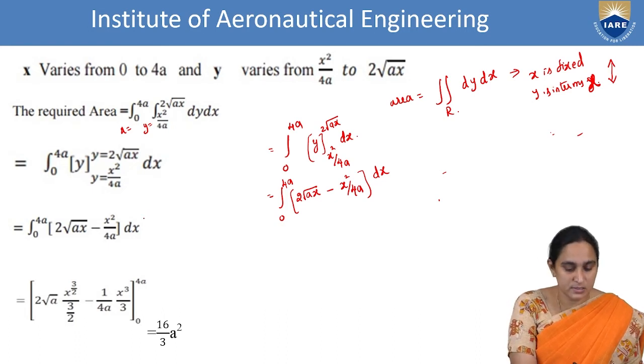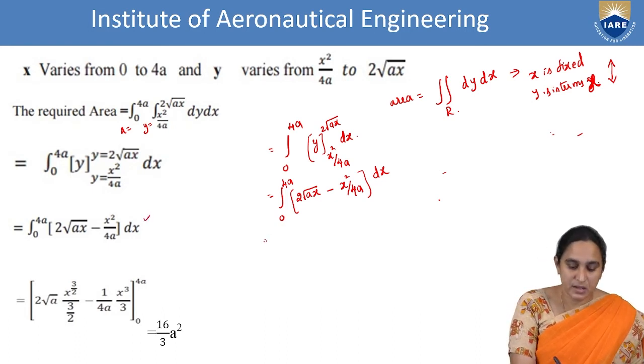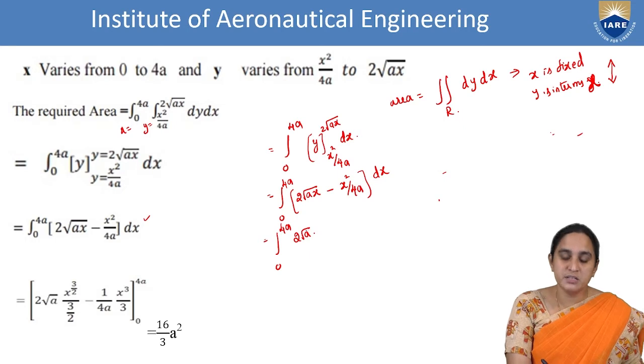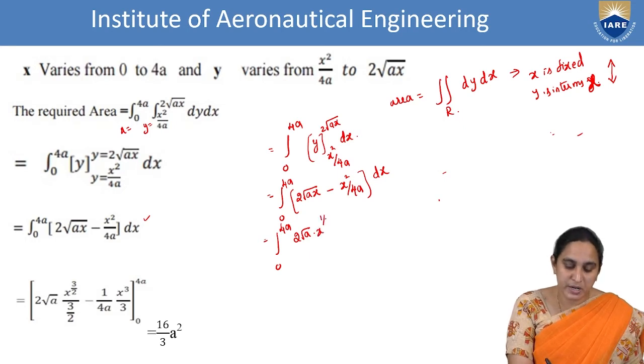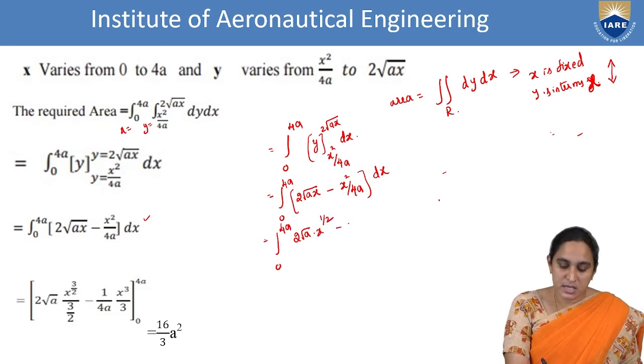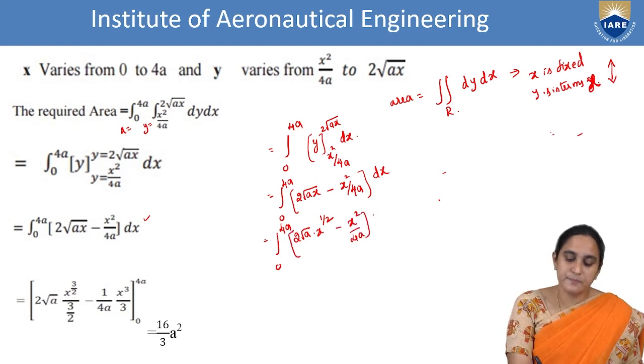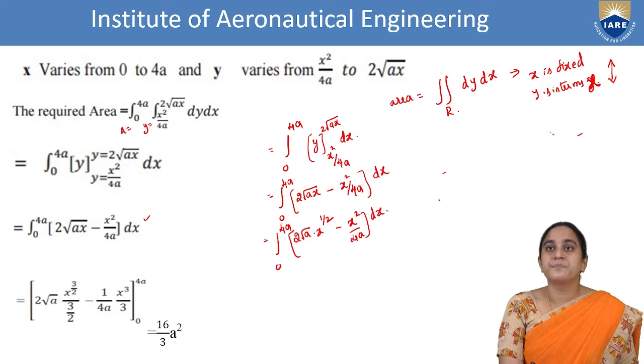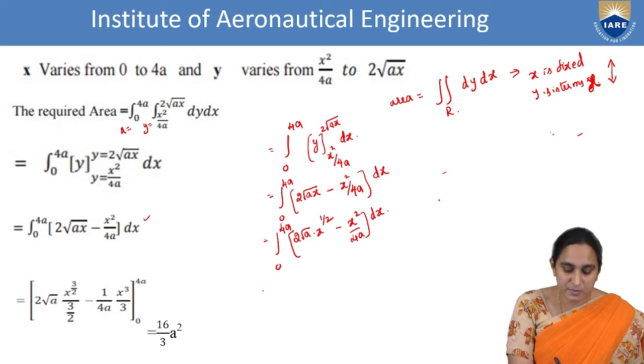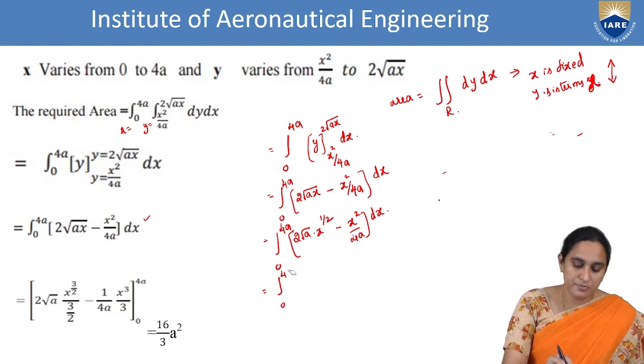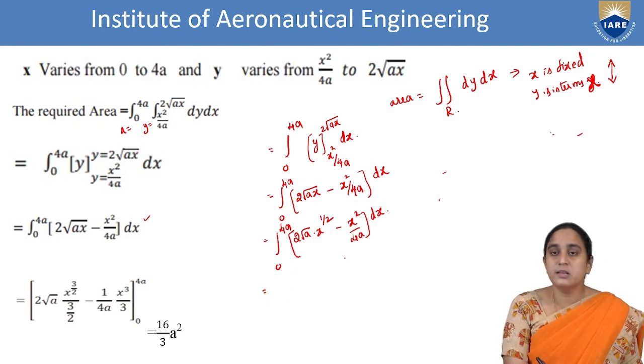Next I'll write this as the integral from 0 to 4a of 2 root a into root x, that is x power 1 by 2, minus x square by 4a, into dx. After this, now I am integrating with respect to x.